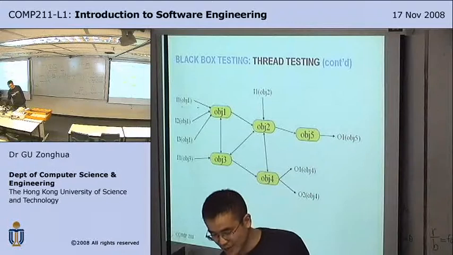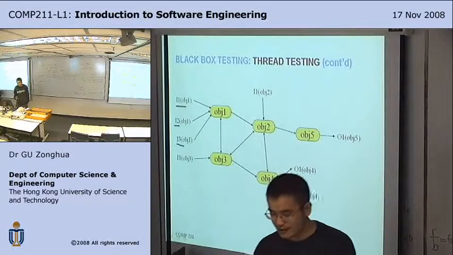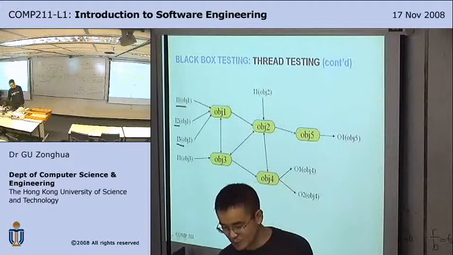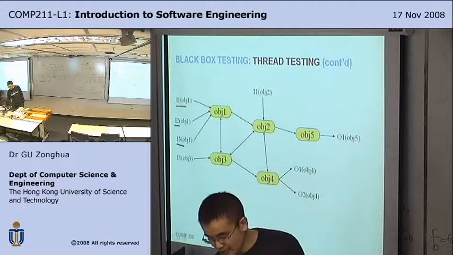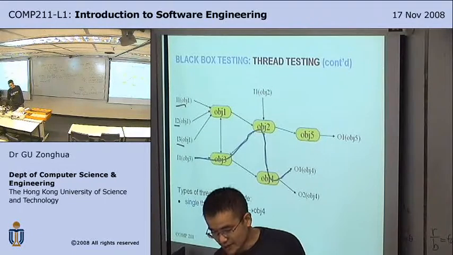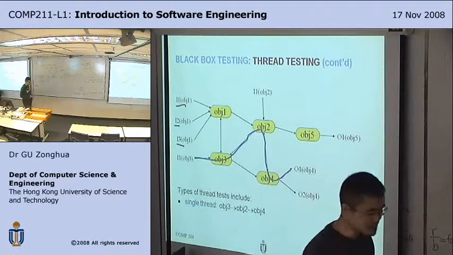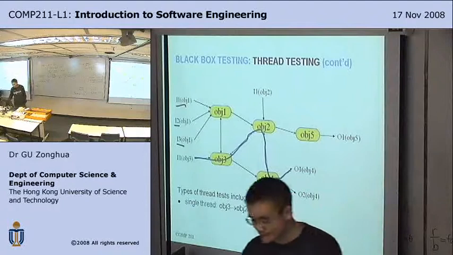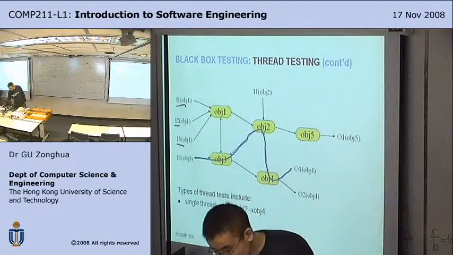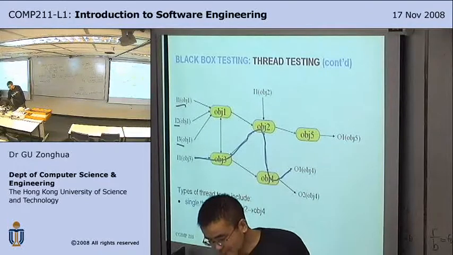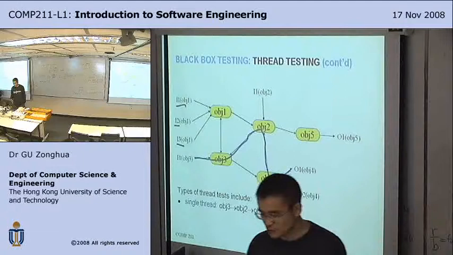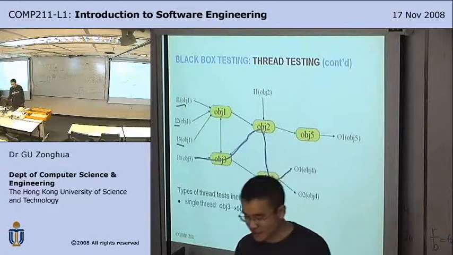So object 1 has three kinds of input events, and say object 3 gets an input and produces an output to object 2, which produces an output to object 4, which produces output to the outside.